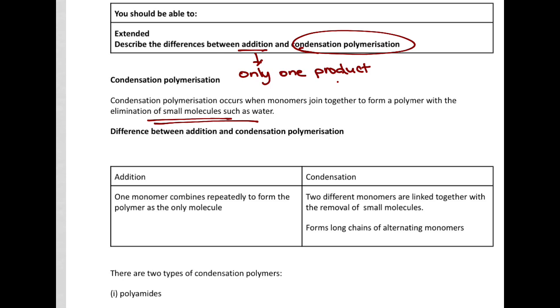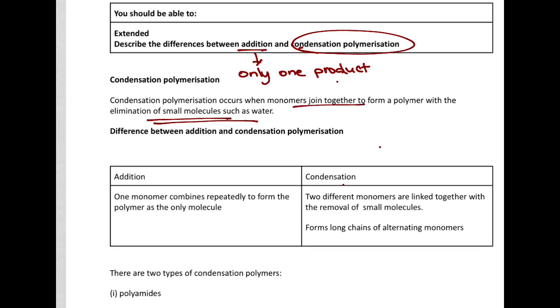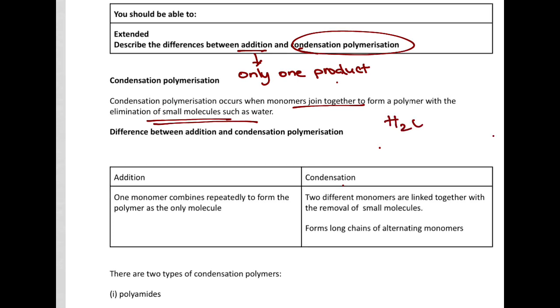So you'll have the monomers joining together, and as they join together here, you will not have double bonds, but you will have the elimination of small molecules. So if you look at H2O, one of the monomers will lose OH, the other monomer will lose H. So this will form H2O, and this is eliminated.